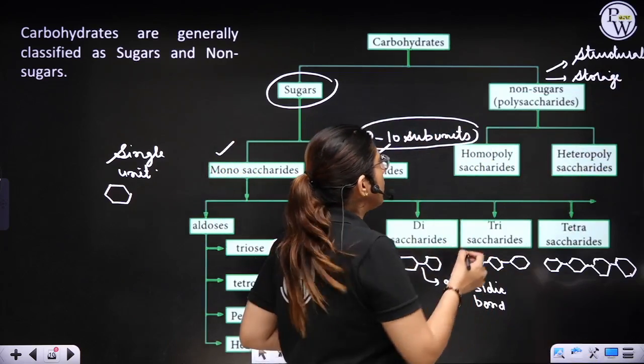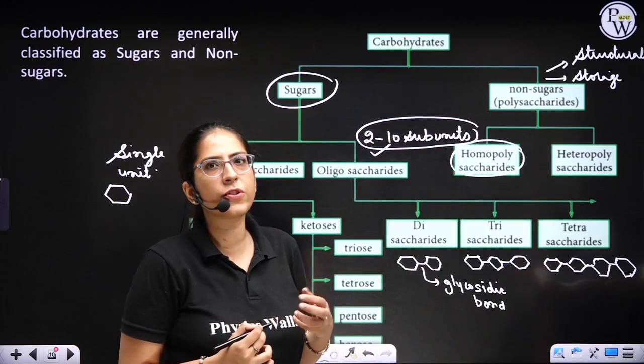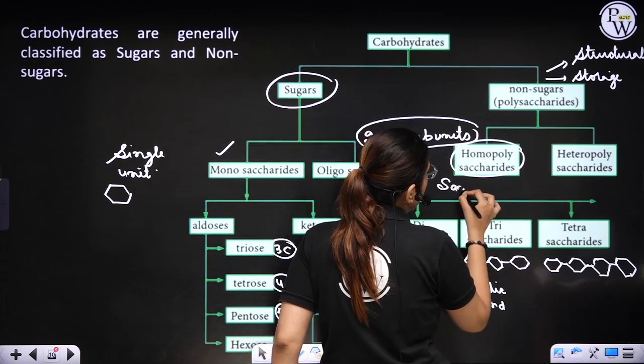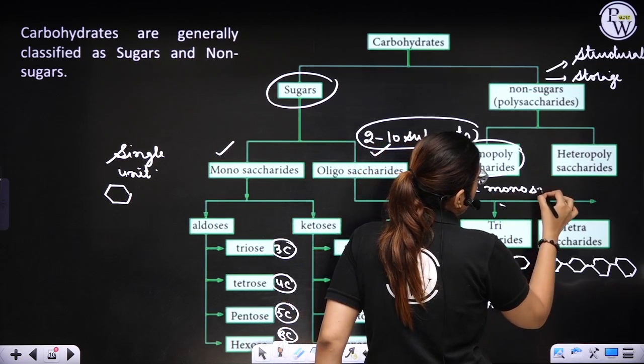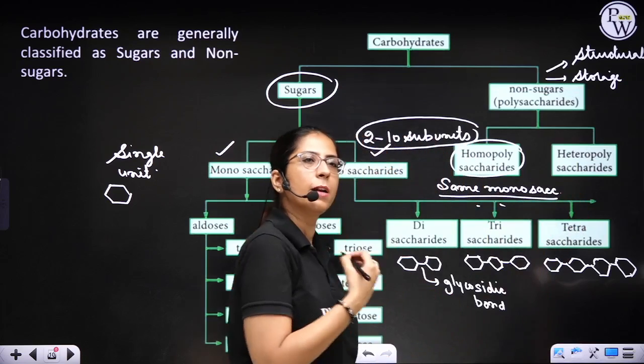For example, when we talk about the homopolysaccharides, these are those which are made up of the same type of subunit. The same monosaccharides are repeated again and again.